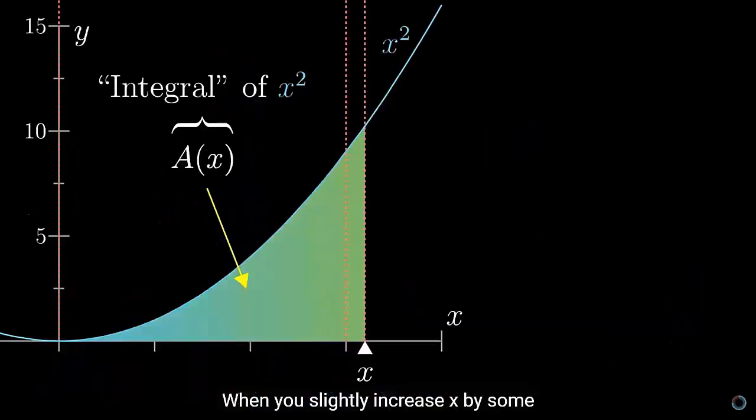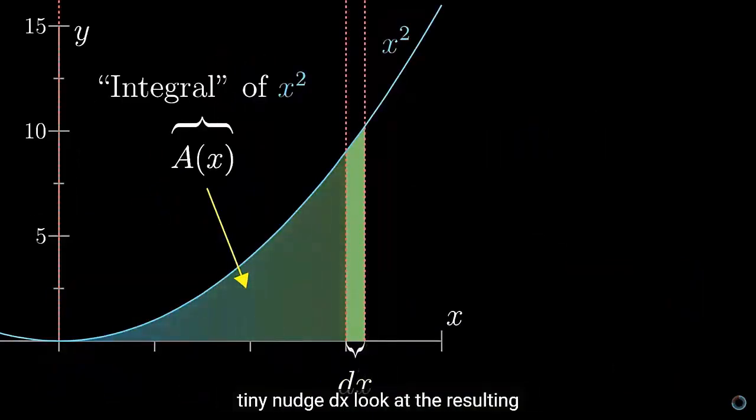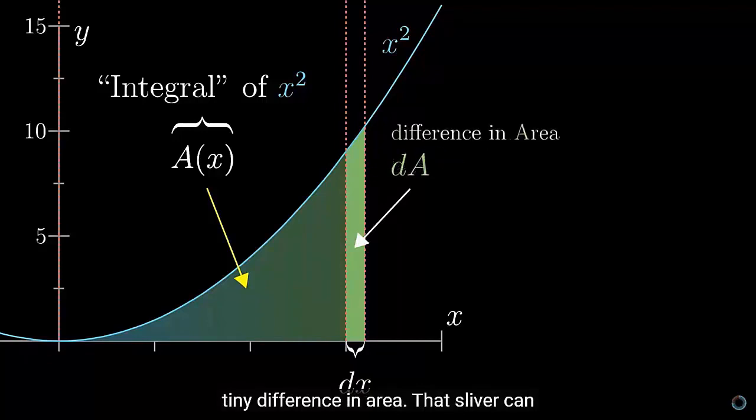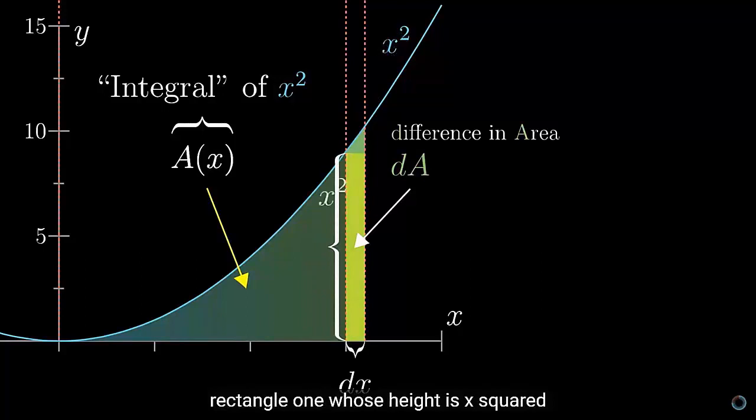When you slightly increase x by some tiny nudge, dx, look at the resulting change in area, represented with this sliver that I'm going to call dA, for a tiny difference in area. That sliver can be pretty well approximated with a rectangle, one whose height is x squared and whose width is dx.